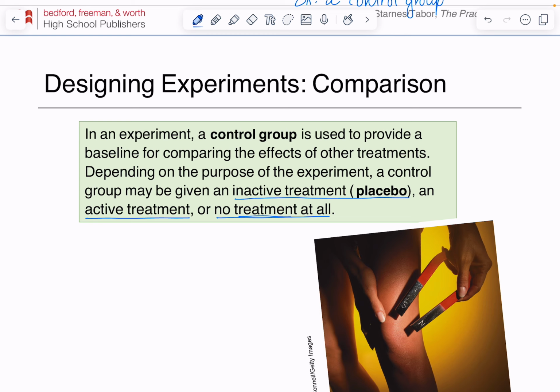Okay. Other than that, though, in every other respect, the treatments should be exactly the same so that the groups should be exactly the same so that the only difference is the treatment. That way, if there is a difference, you can make the conclusion it was caused by the thing you changed, by the treatment. Okay? If in my cancer study, the people are responding super well to the new drug, okay?